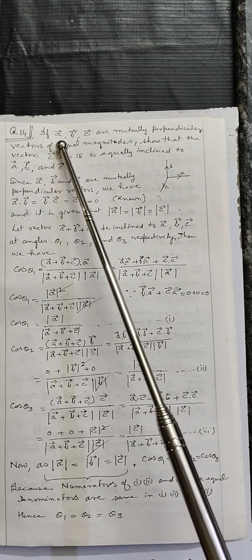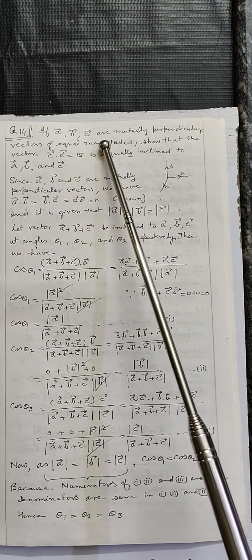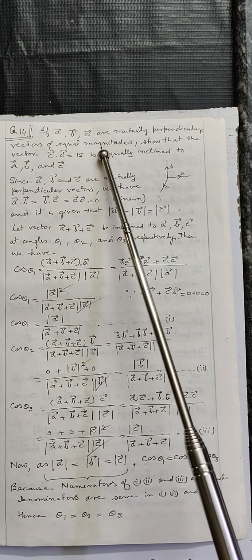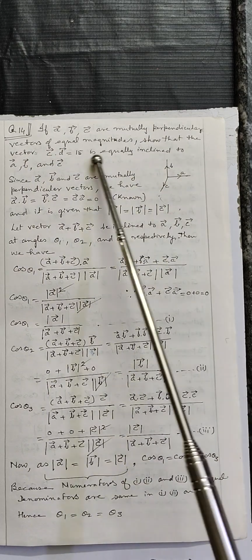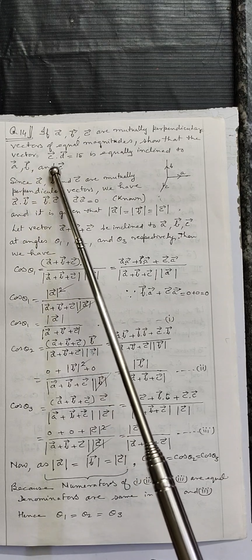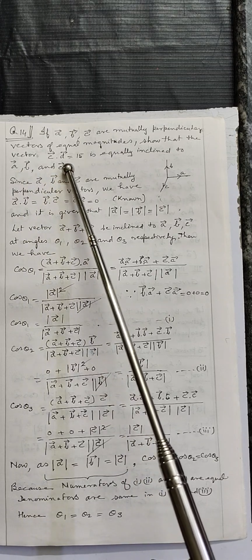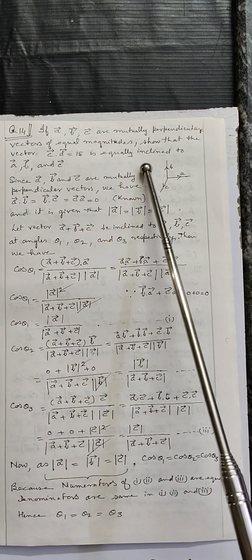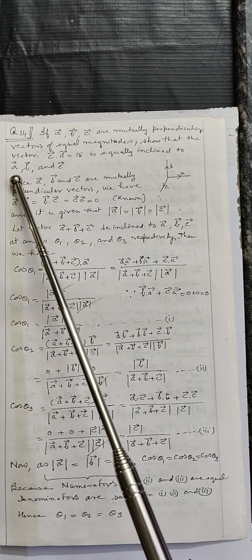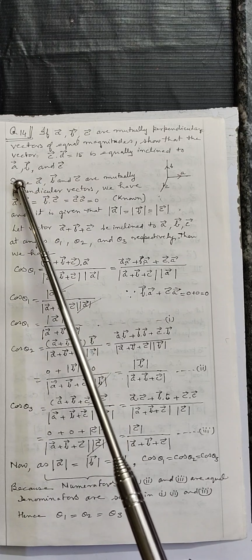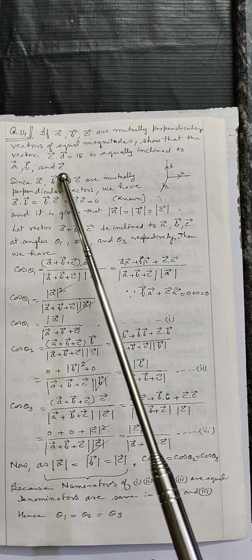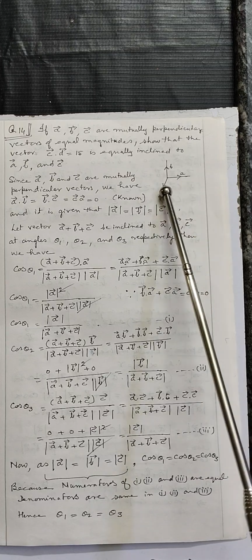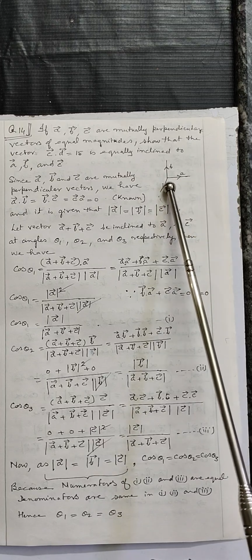If vectors A, B, C are mutually perpendicular vectors of equal magnitudes, so that the vector A plus B plus C is equally inclined to vectors A, B and C. अब देखिए यहाँ पर vector A, B, C, these three vectors are mutually perpendicular to each other.